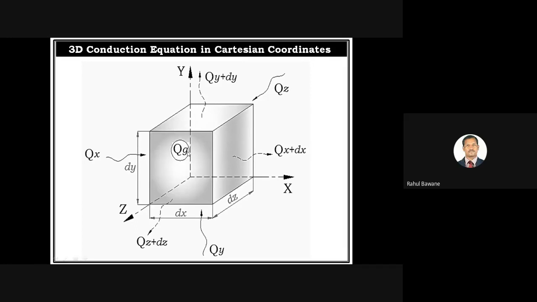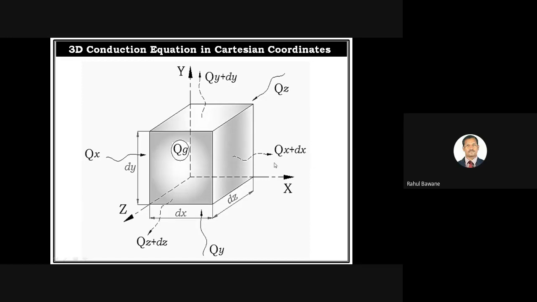Qx enters at this face of area dy times dz, travels through the distance dx, the thickness, and comes out from the right face with the same area dy by dz as Qx plus dx.